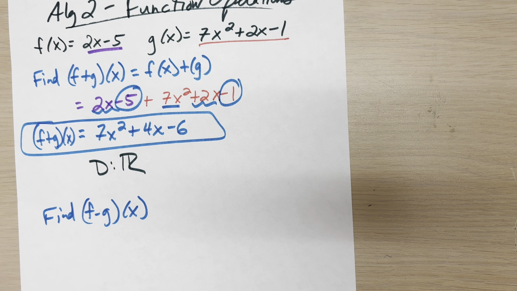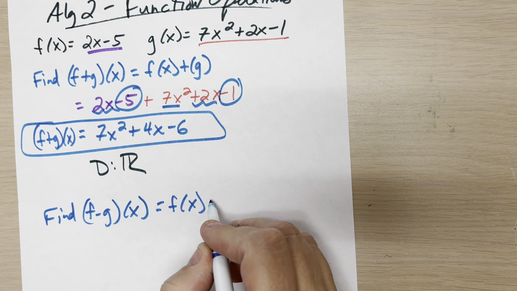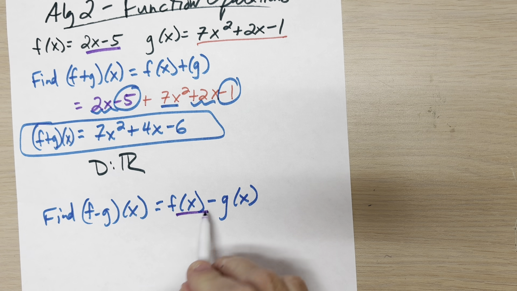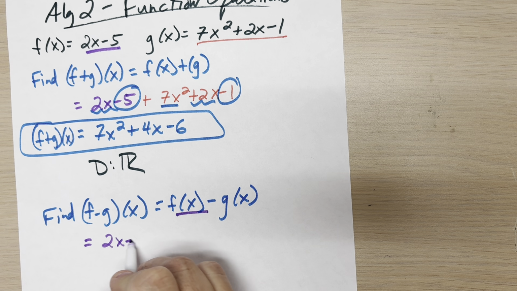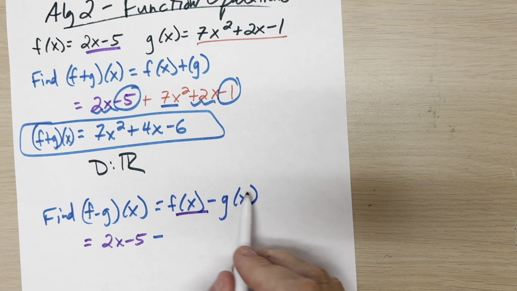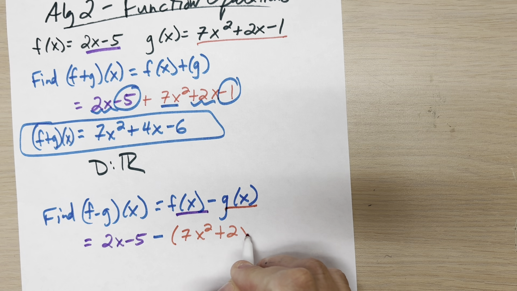Next thing we're going to do is look at the difference of f minus g of x, which just means f of x minus g of x. So again, we're going to substitute. f of x is 2x minus 5, but this time we are subtracting g of x. So you want to be careful with your signs.